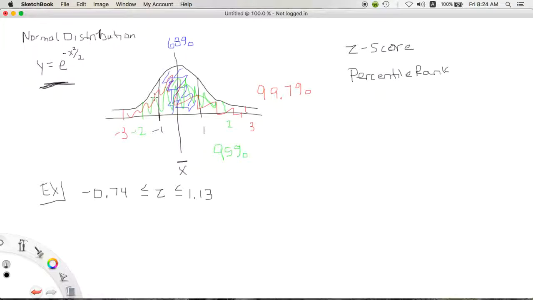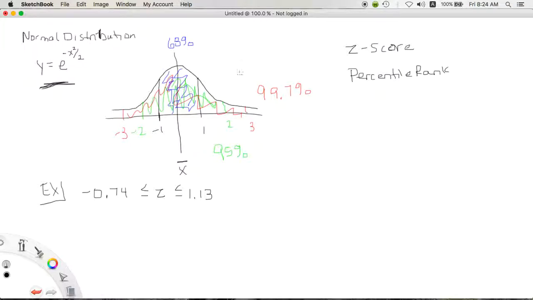So if I look at my curve, between these z-scores, what is the percent of the area under the curve, because the area under the curve tells you how many statistical points you have for that score.